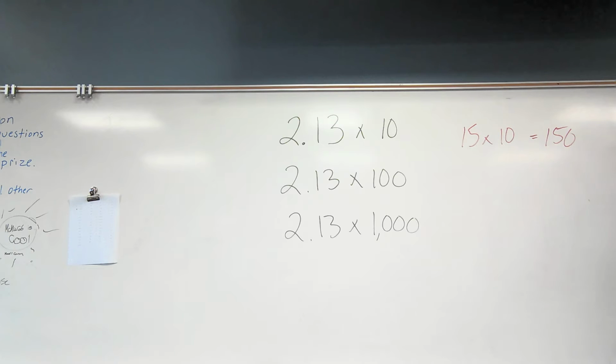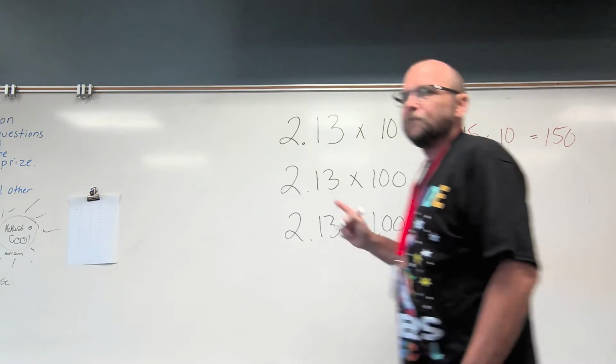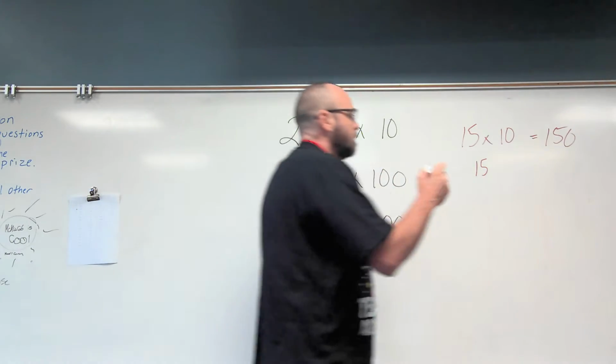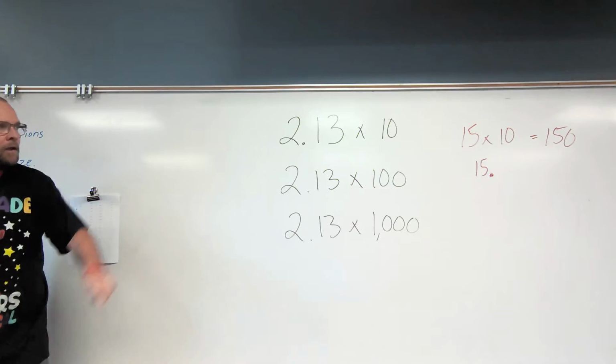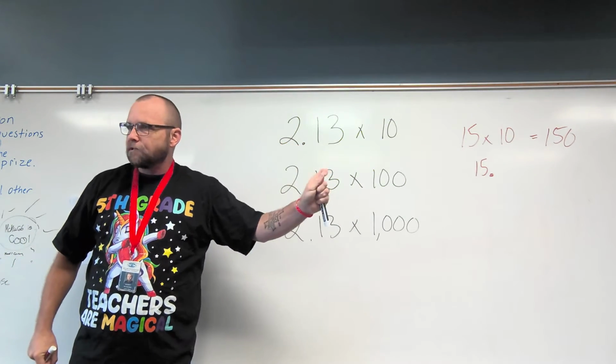But the reason it's 150 is not because you just put a 0 at the end. It's because I moved the decimal. The decimal in 15 is right after the ones place. It's not shown right now, but it's right after the ones place. And when you're multiplying by 10, you move the decimal point one place to the right.